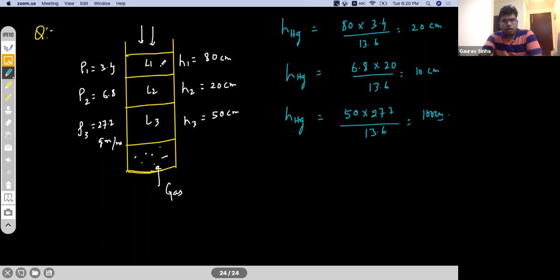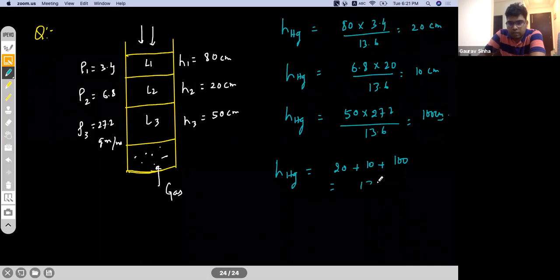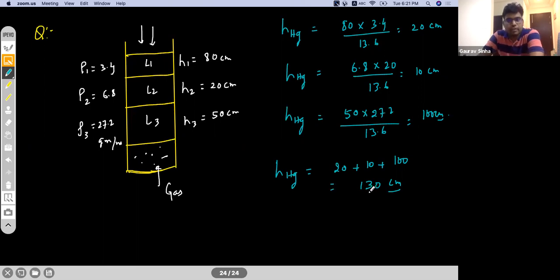All these liquids will exert pressure in downward direction. Means instead of these three liquids, we can place an Hg column of height 20 plus 10 plus 100, that is 130 centimeter. Means this height of the three liquids is equivalent to 130 centimeter of Hg. This 130 centimeter of Hg pressure is in downward direction, pressure of gas is in upward, atmospheric pressure in downward direction.